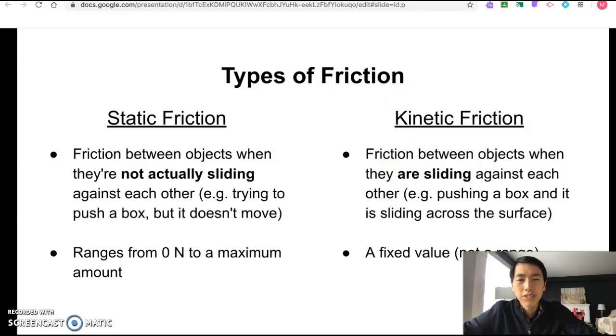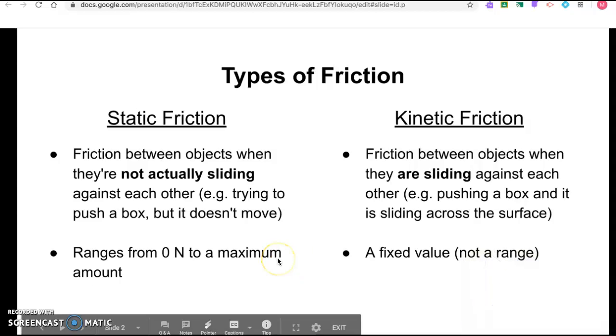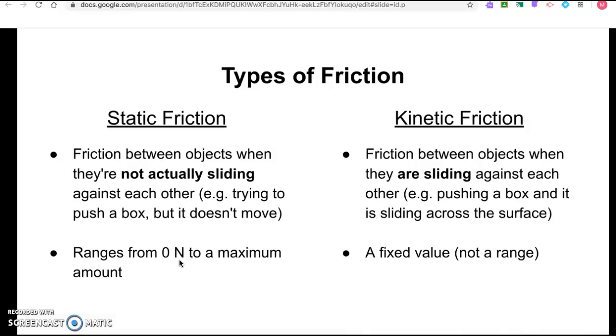And it is very important to distinguish between the two because static friction can actually be a range of numbers, starting from 0 newtons all the way up to some maximum amount. As I was pushing on that textbook, I was increasing my force slightly, from 1 Newton to 2 Newtons to 3 Newtons, and the book stayed still.